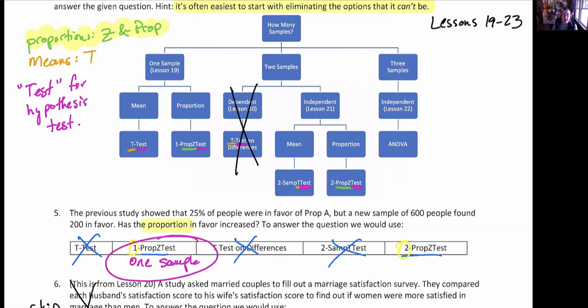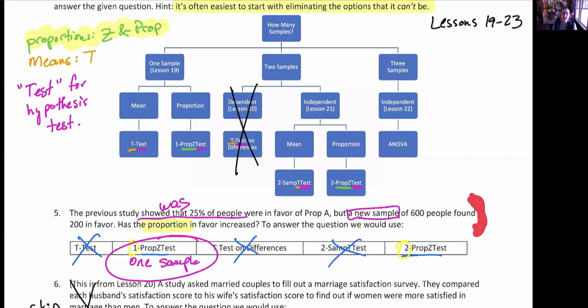But it is tricky. If you read the question, this says that it was 25%, now a new sample. I just have 1 new sample. Whereas if I was given 2 samples, I would be given the information for that second sample in this narrative, okay?